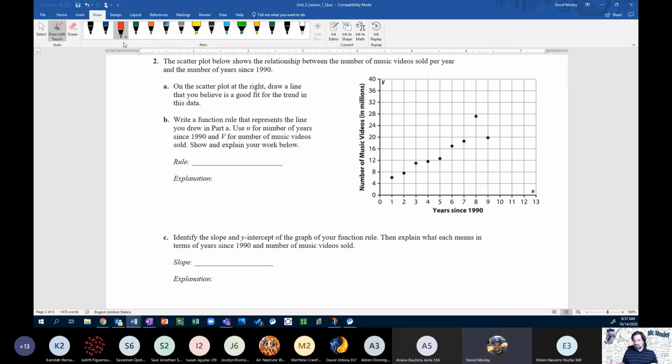Yes, Ariana, increasing. Nicholas, yes, increasing, right? Going left to right, this should be going up in value. That's what we would assume if we keep adding more years and more values, we should think that it keeps going up. So when we draw, we're going to essentially just pick 2 points or so, or just pick something that's going to be really close to what this is doing.